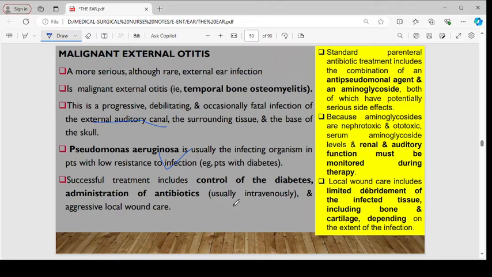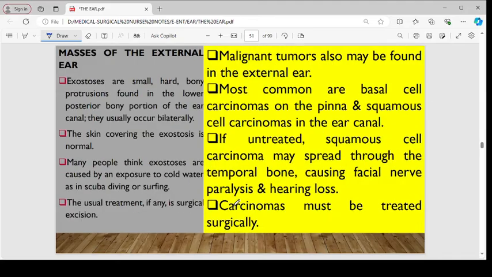You are also supposed to engage the patient to sign consent on the possible side effects caused by the aminoglycosides. Local wound care includes limited debridement of the infected tissue, including the bone and cartilage, depending on the extent of that infection.